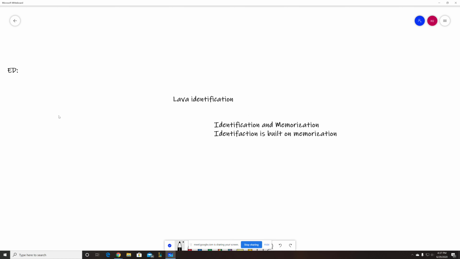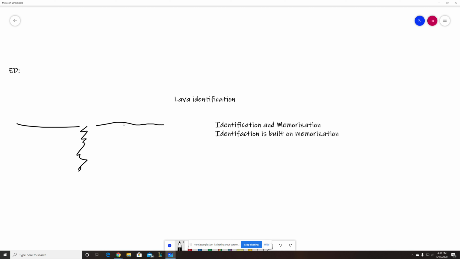Say you have these here, and then say these are two tectonic plates. I believe everyone should know this by now.